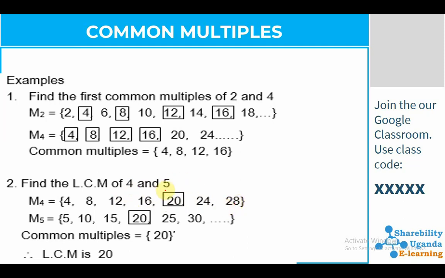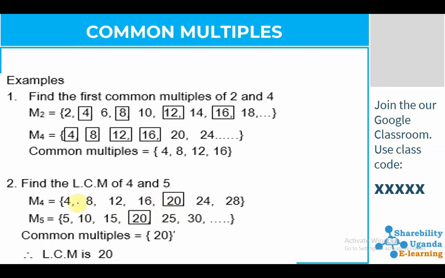The multiples of 5 will be 5 times 1, which is 5. 5 times 2, 10. 5 times 3, 15. 5 times 4, 20. 5 times 5, that is 25. 5 times 6, that is 30.